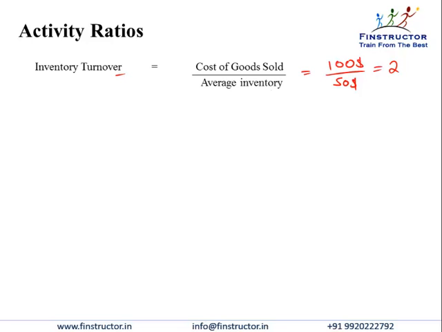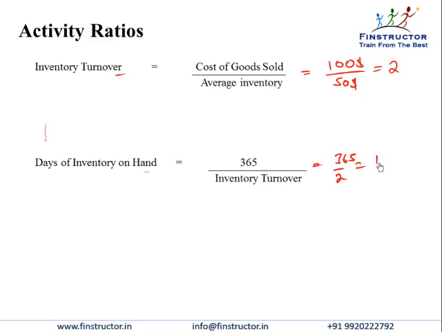We would again understand the interpretation better after calculating the next ratio, that is the days of inventory on hand, given as 365 upon the inventory turnover. Similar calculation as the days of receivables. So in this case it comes out to be 365 upon 2, that is approximately about 6 months.